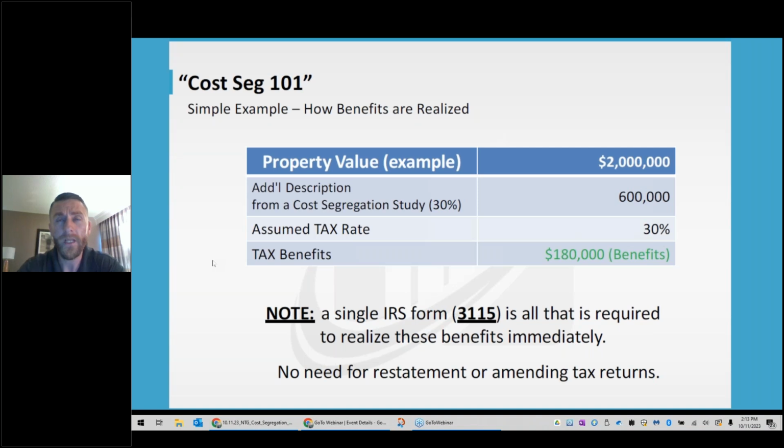So with hotels, we actually have a very high success rate. We're more in the higher 22.5% to 25% for 5-year asset classes. Again, each hotel is different, so I am talking more in generality, but hotels are a very successful asset class to be able to use cost segregation.